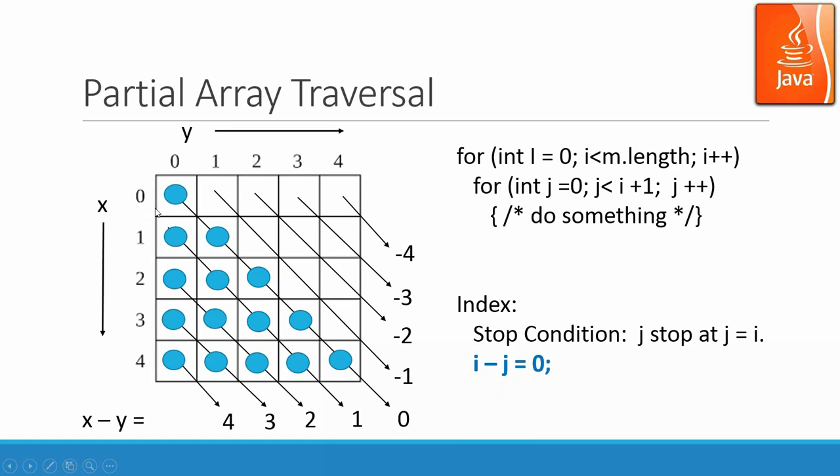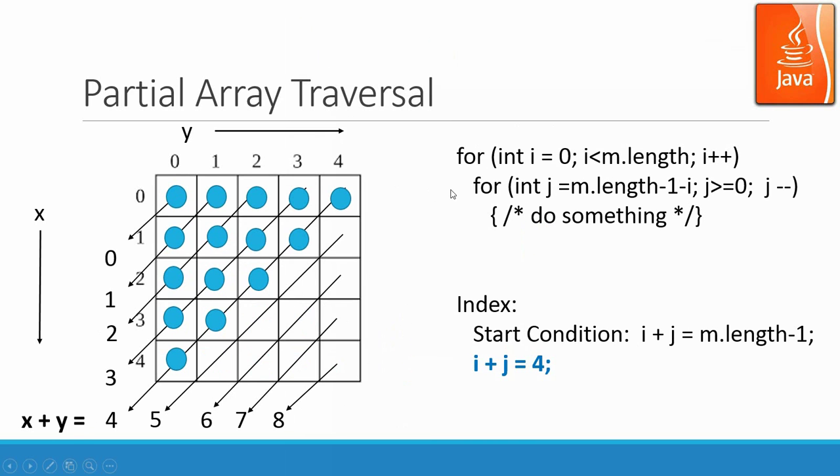So from this chart, we start from column 0 and end at the column that has i minus j equals 0. So 0 minus 0 is 0, 1 minus 1 equals 0. We start over here, so we go like this. This is how this indexing will work for traversal.